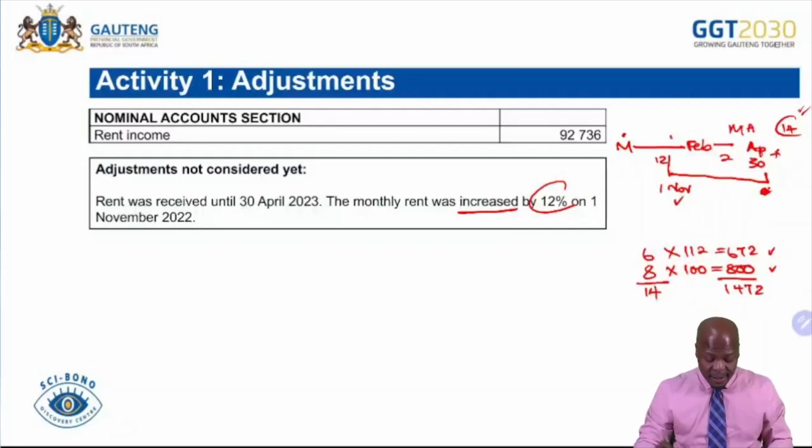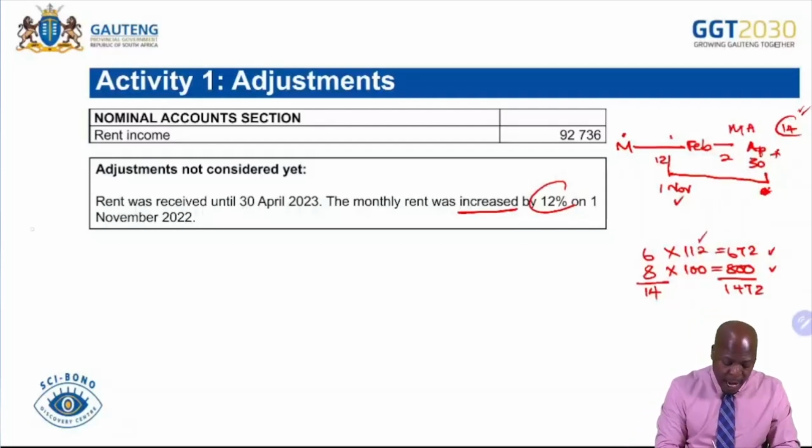It is after the increase. So it is 112 times how many months? Times 2 months. That will give us 224. And then your 224, you divide it by the 1472.